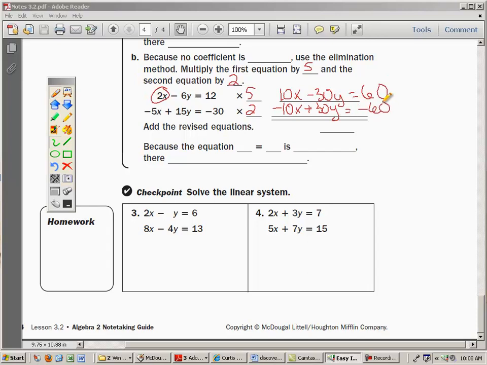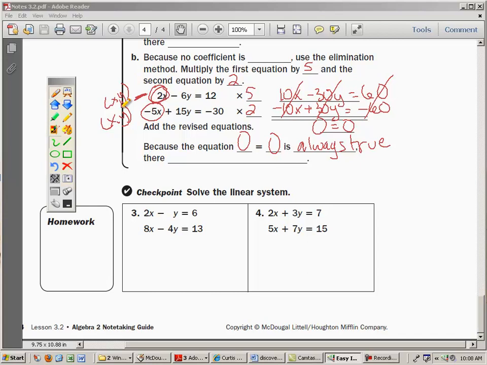Well, wait a minute. We did that to get these to be opposites, but the x's and the y's all canceled out, so I get 0. And over here, I get 60 minus 60, which is also 0. So the equation is 0 equals 0. That's always true. So that means that every solution on the first line, every xy that's on one line, is on the other line. These two lines are one and the same.